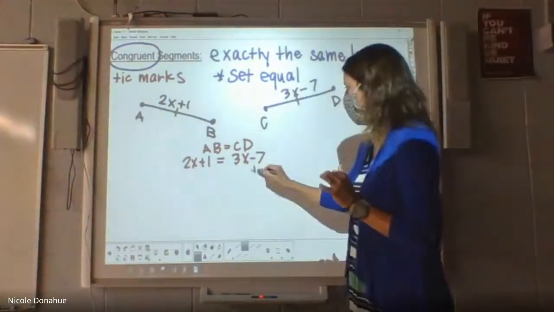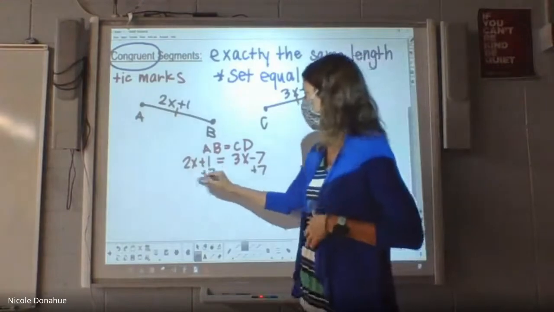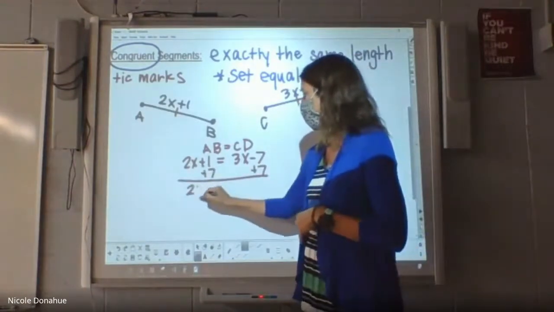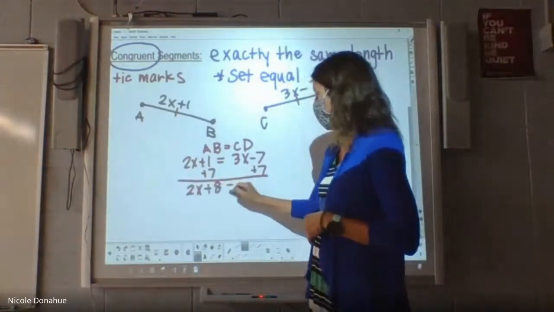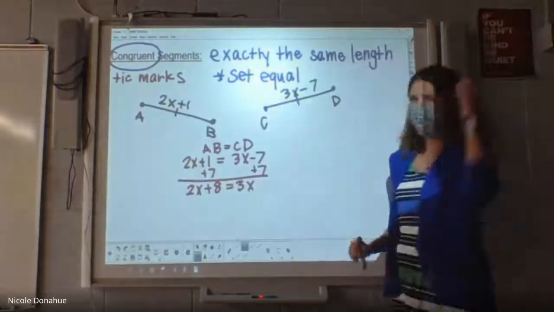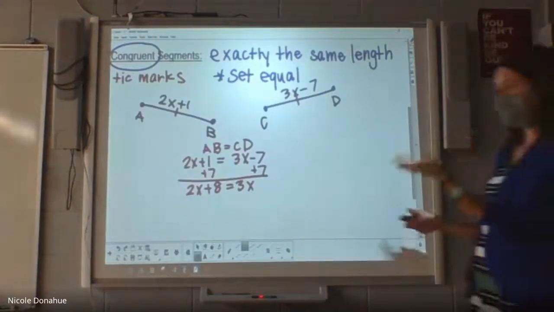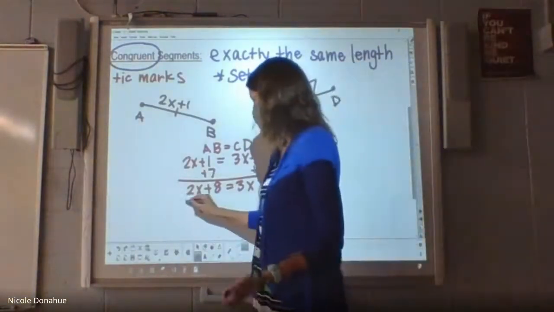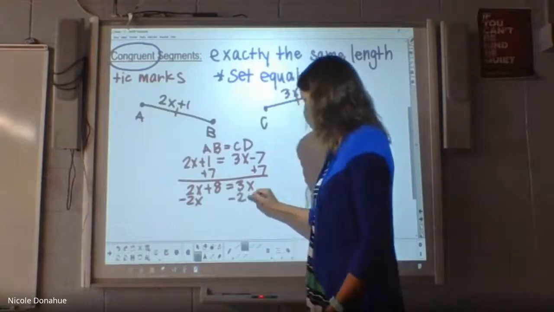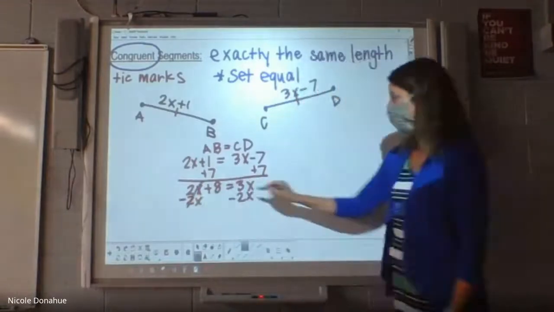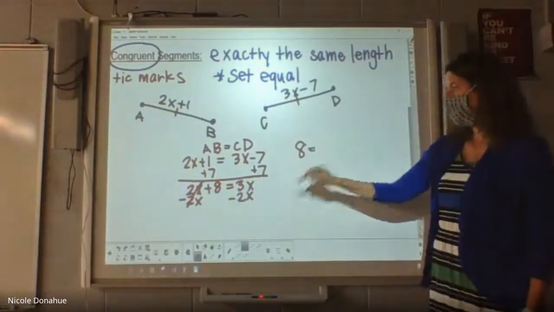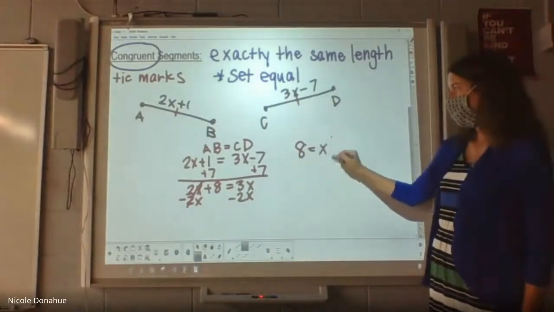So I'm going to add 7. A lot of times with these, I do a little bit of forward thinking, like a chess match, trying to think what's going to happen next. I like to avoid having negative variables, so I'm going to move that 2x instead of moving the 3x. So I get 8 equals 3x minus 2x, which is just 1x. So x is 8.